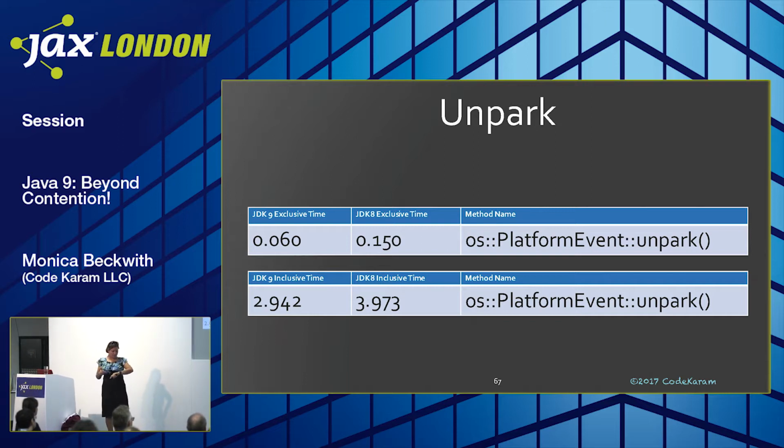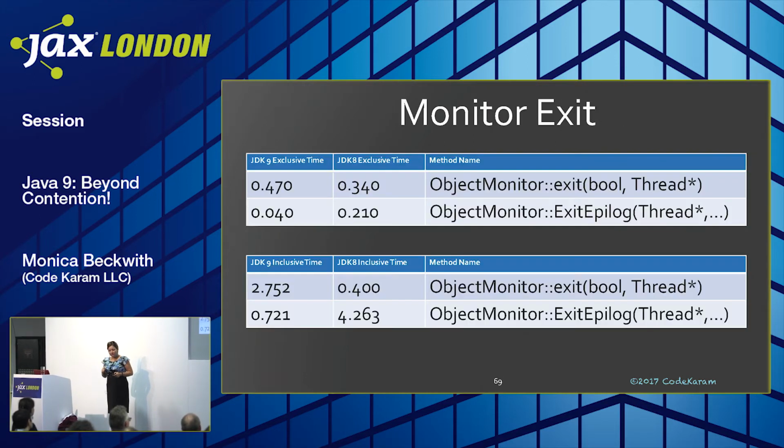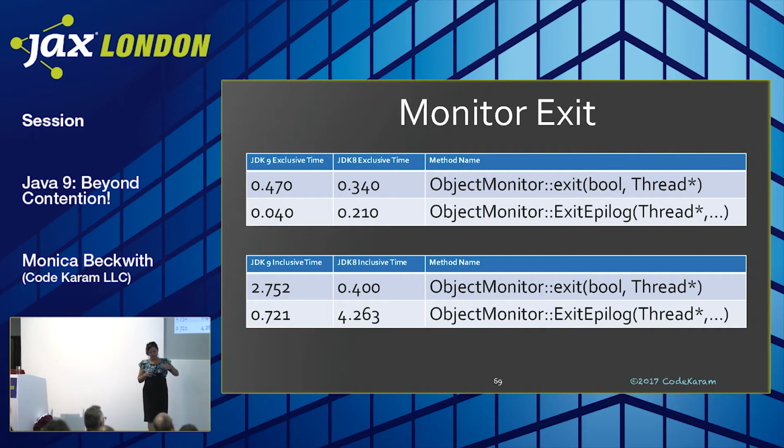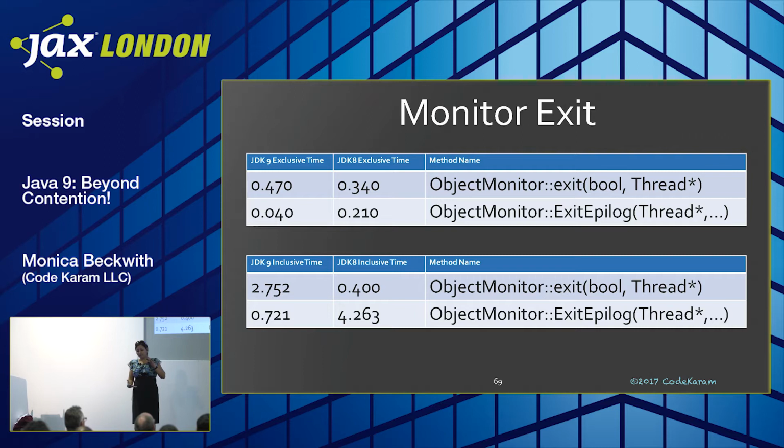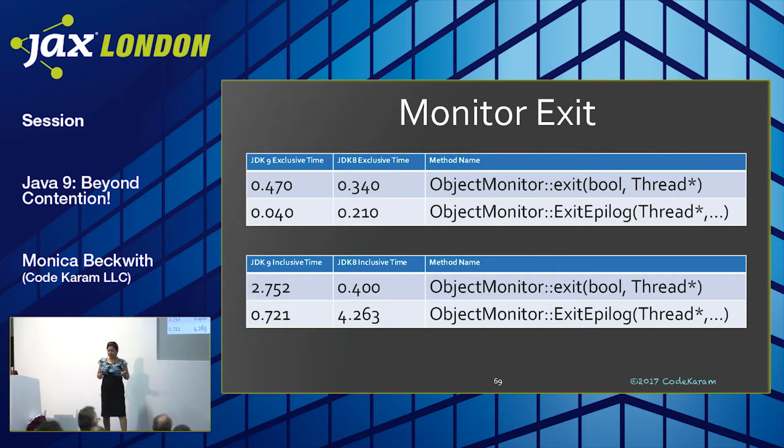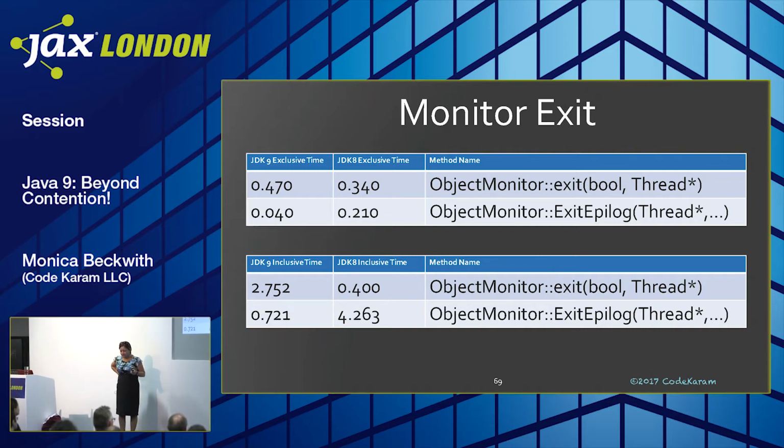I'm not able to go into details of that, but exit monitor also. We have object exit and exit epilogue as a part of it. So when you look at the callee stack, you will see that exit and exit epilogue are part of the stack. And of course, both of them have been improved in Java 9, okay?